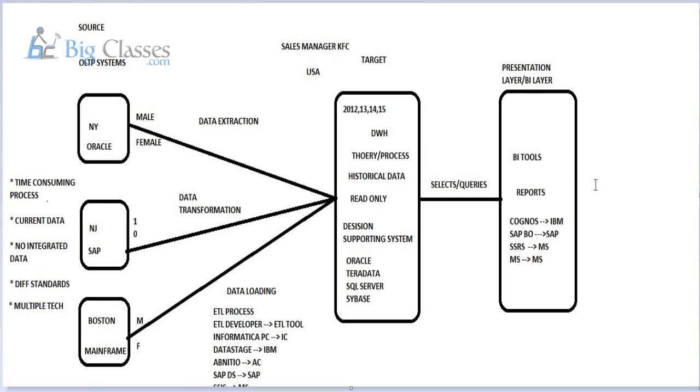By looking at the data from the data warehouse, we can take analytical decisions. This kind of analysis we can do by using the BA tools and the reports prepared upon the data warehouse.